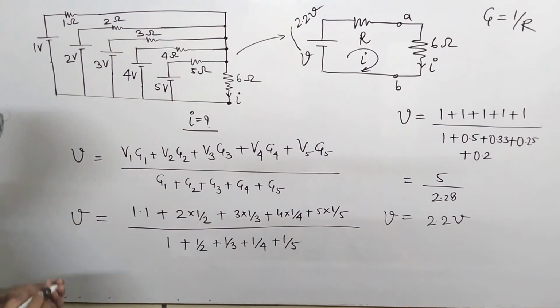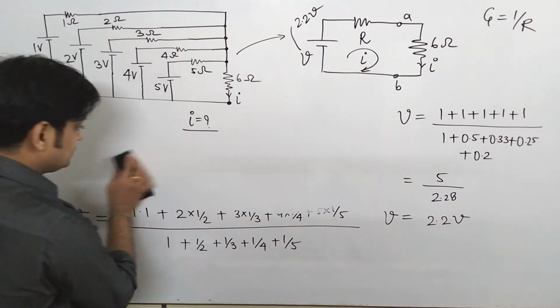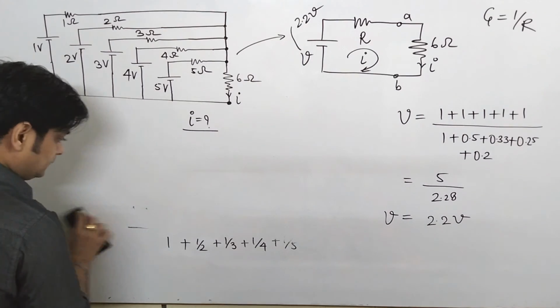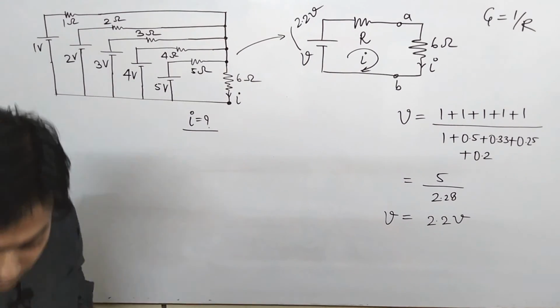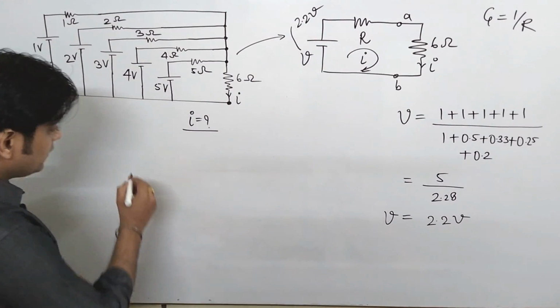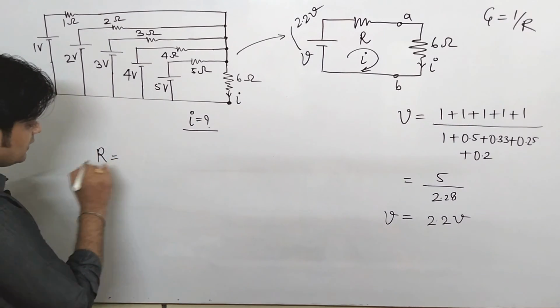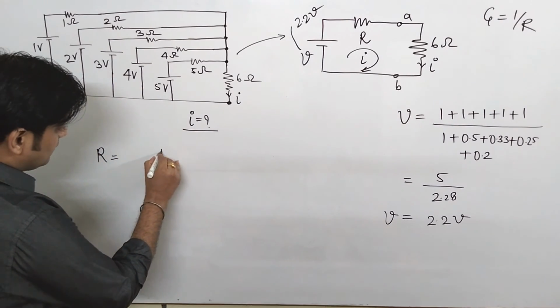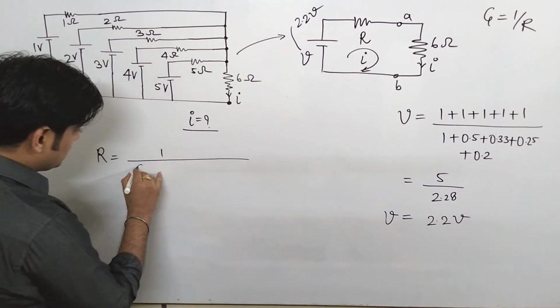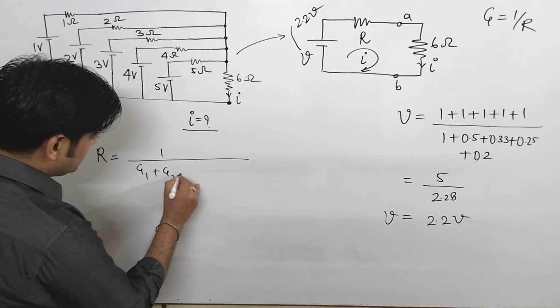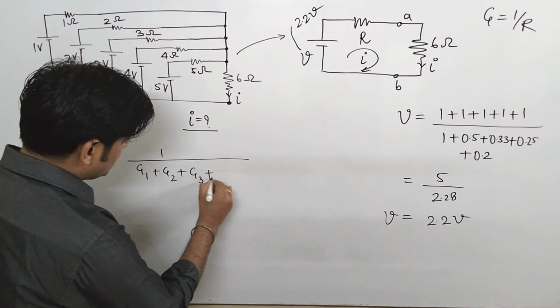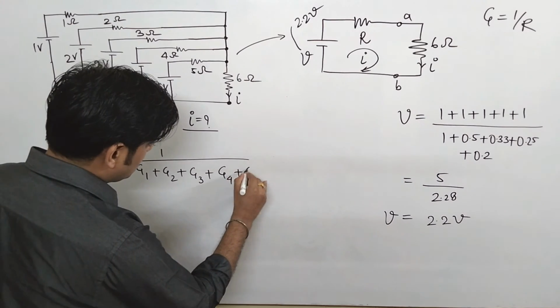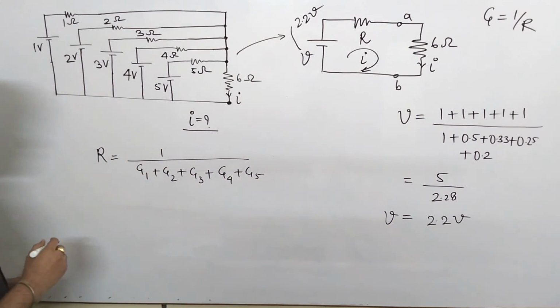So see, what is the value of R? The value of R is 1 upon G1 plus G2 plus G3 plus G4 plus G5.